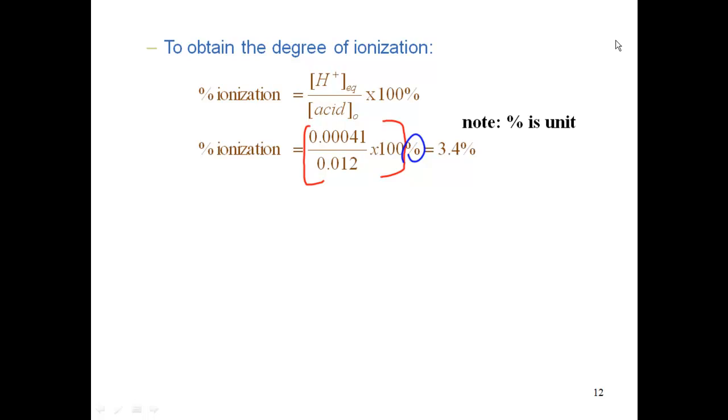So there's not a lot of that acid being ionized, less than 5%, as I told you, for most weak species. Now, if I did the same calculation with a strong acid, the concentration of hydronium should be the same as the concentration of the initial acid, which should give me close to 100%.